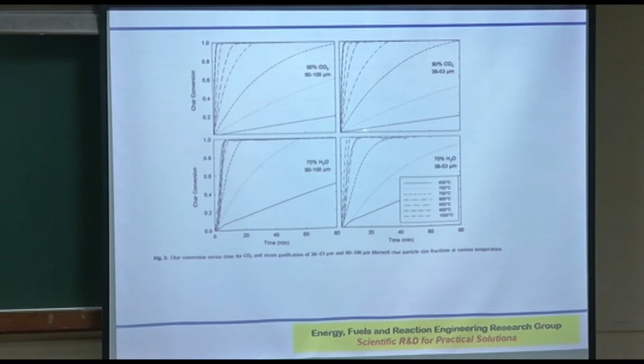So this is, for example, 600, and then comes 700, then 750, then 1000, etc. In relative terms, it is showing that as temperature increases, progressively it is taking less and less time to get converted.